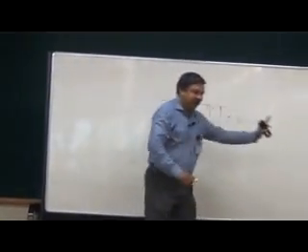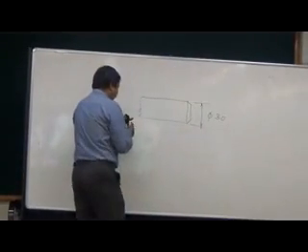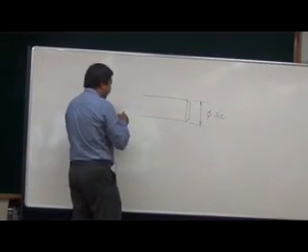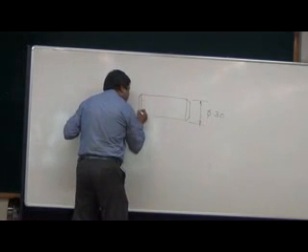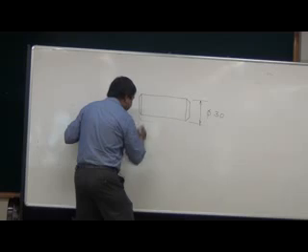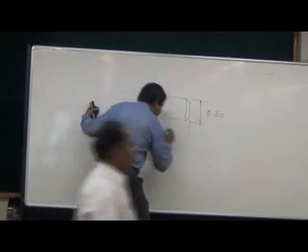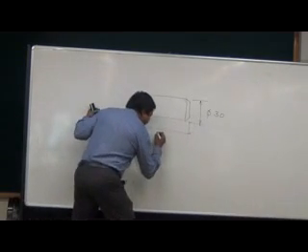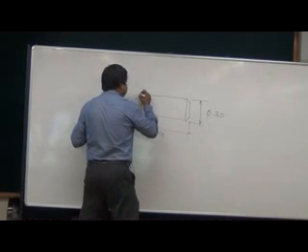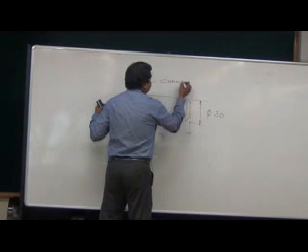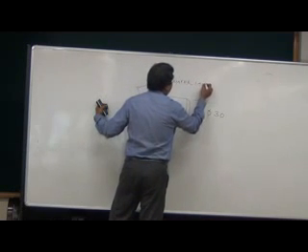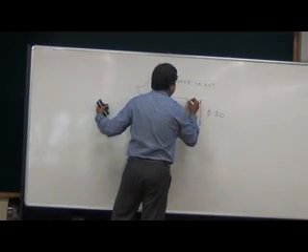Now you release it for production. Let me give the complete dimensions of this. This is say 100 mm. This is chamfer 1 into 45 degrees.